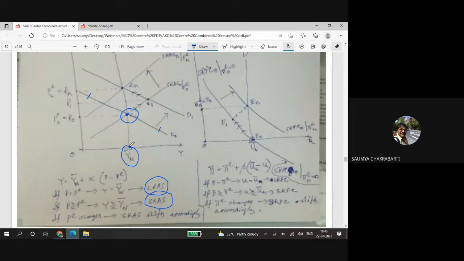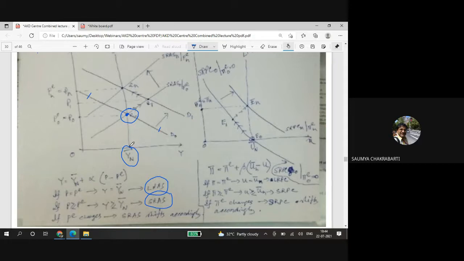It's different from full employment in this sense. When we are talking of the natural rate, it's two things. Number one, there is no involuntary unemployment. There can be voluntary unemployment, just like in the classical model. Plus, natural rate of output and employment means that you are at long run. Means there's no asymmetry, no inequality between expected and actual.